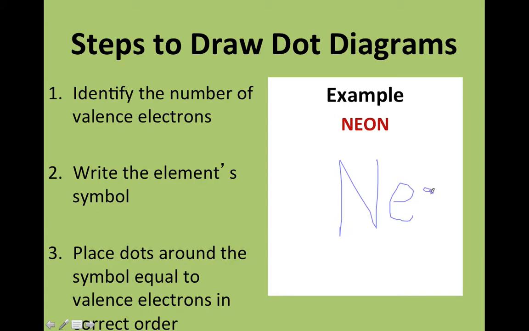So I'm going to identify east, west, north, and south. That's the first 4, and then the rest we're going to go counterclockwise around. 1, 2, 3, and then 4. Finish it up right there. So you should have 8 electrons, or 4 pairs: 2 in the north, 2 in the south, 2 in the east, 2 in the west.